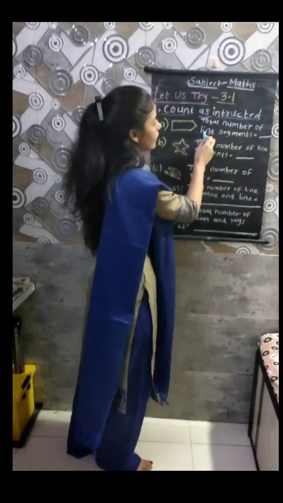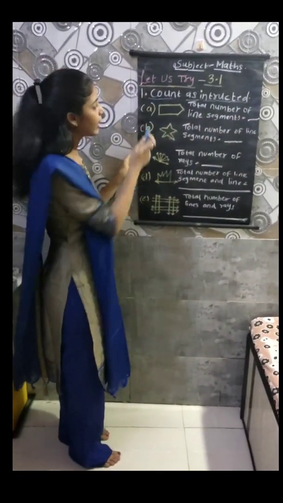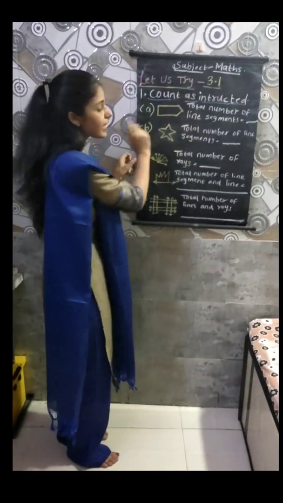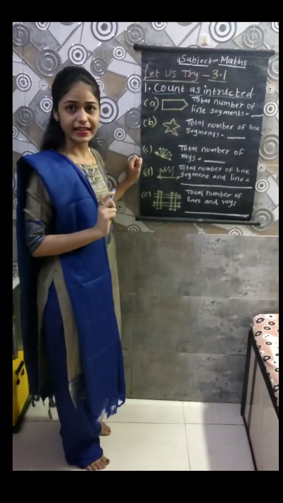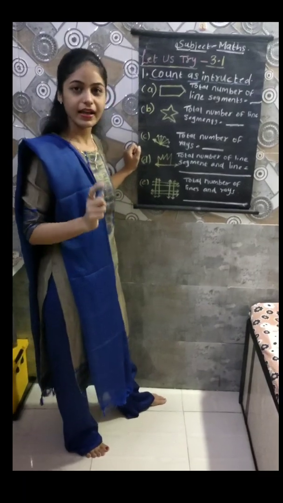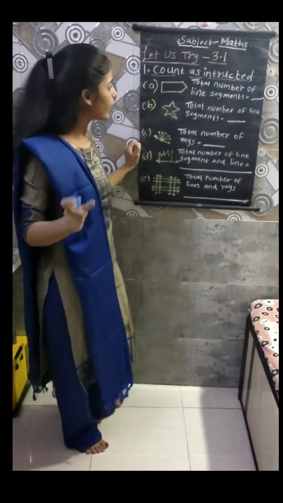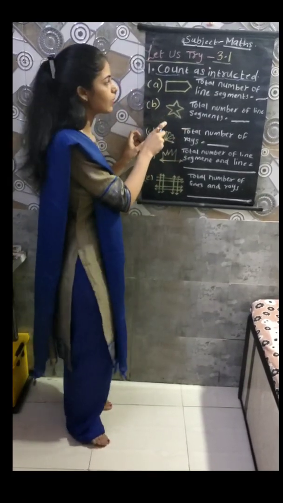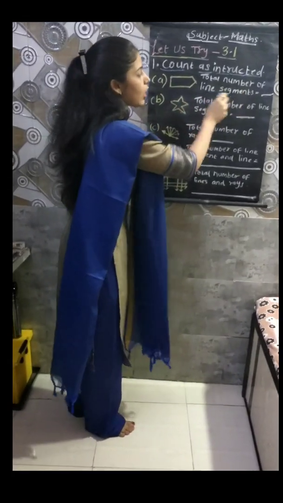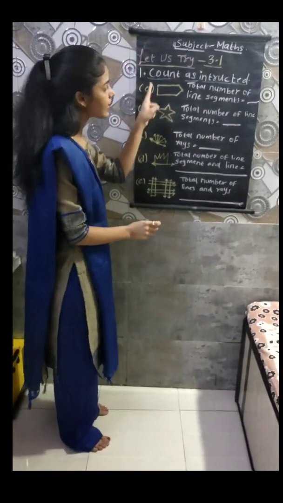Total number of line segments. How many line segments are in this figure? What is a line segment? A line segment is a fixed length with end points. Okay, so start counting.